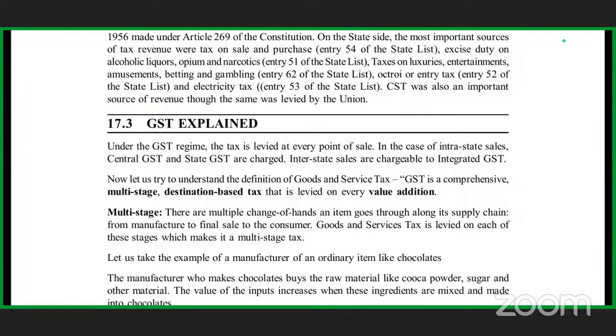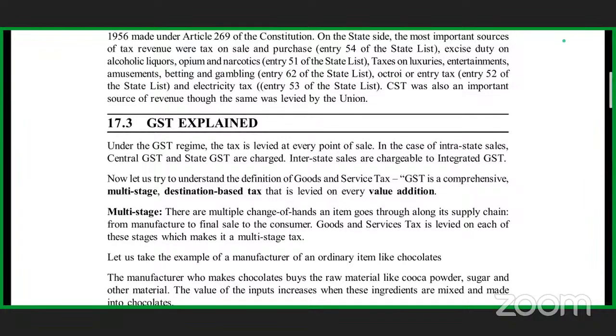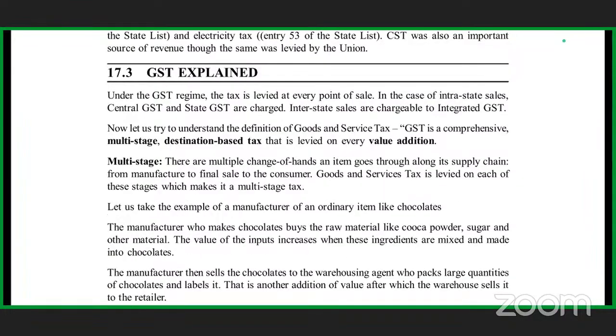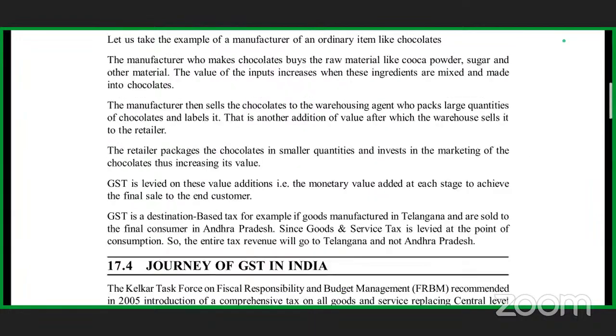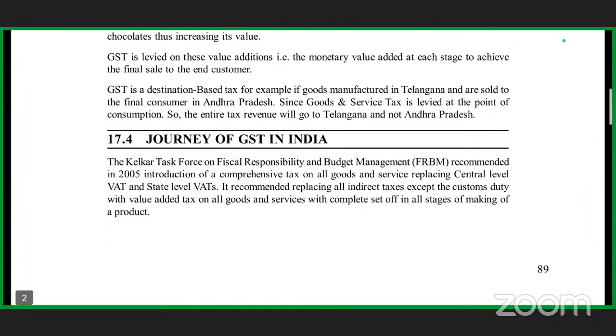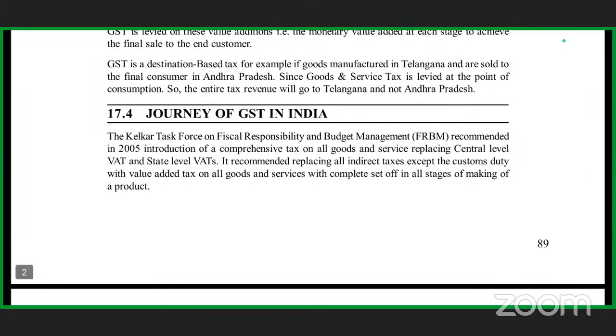So again, it's a comprehensive multi-stage destination-based tax, and it is on value addition. Actually it was recommended in 2005 itself to implement the GST in place of CST and VAT.